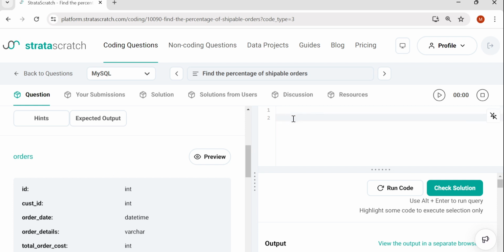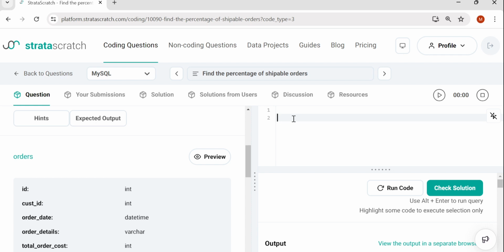Let's check it. You have to return the order ID, and if it is shippable, then that has to be considered. If it is not shippable, that won't be considered. What I am saying is, by using case-when statements, we are going to solve this problem. If the address is defined, then we consider that as 1. If it is not defined, then it is considered as 0.